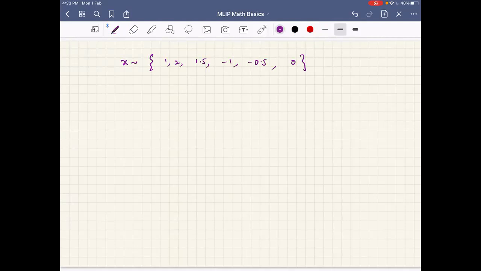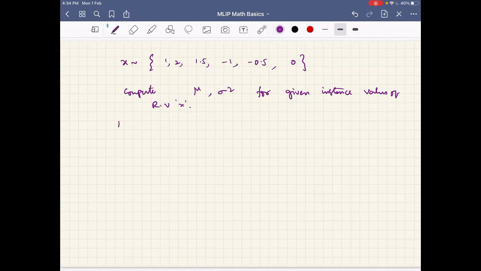Compute mu and sigma square given these realized instance values of the random variable X. I have given six instances of X.